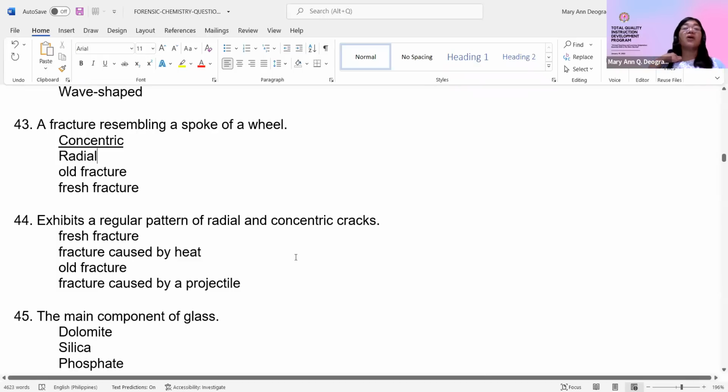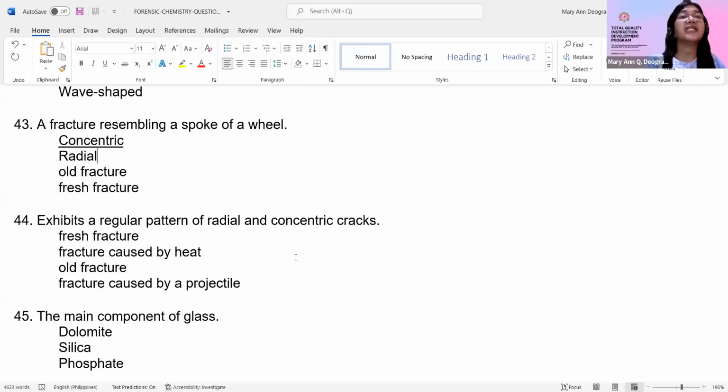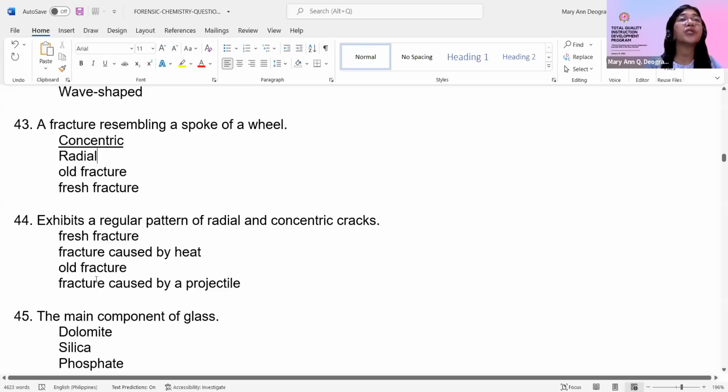Ito na yung sa causes of the fracture. Is it fresh fracture, fracture caused by heat, an old fracture, or fracture caused by a projectile? Okay. The answer here is fresh fracture.